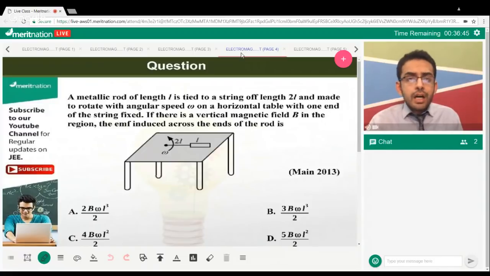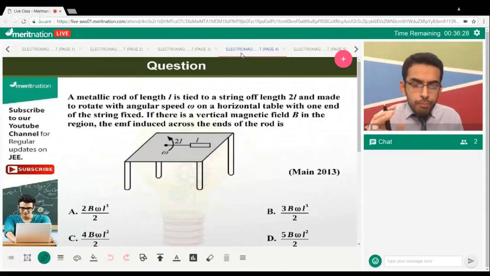If there is a vertical magnetic field B in the region, the EMF induced across the ends of the rod is? We have to find the EMF induced in the ends of the rod.